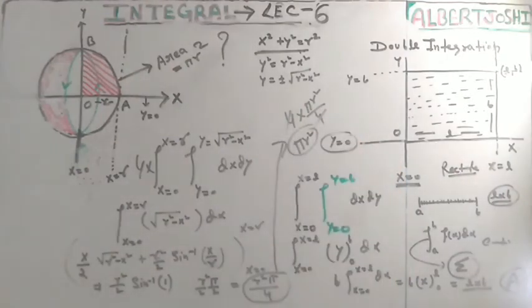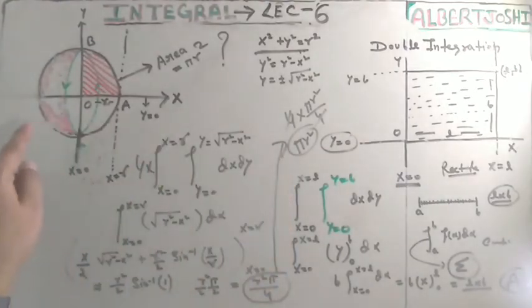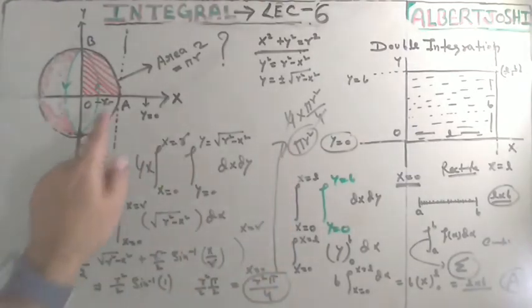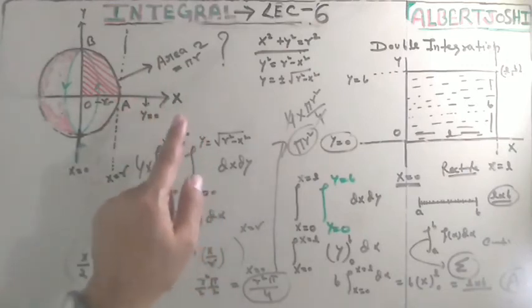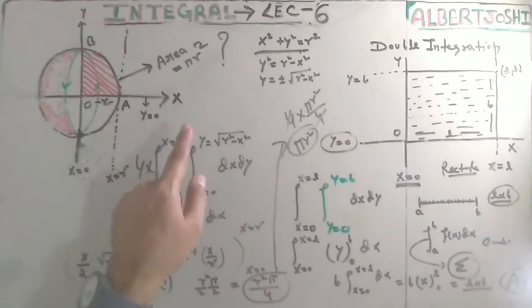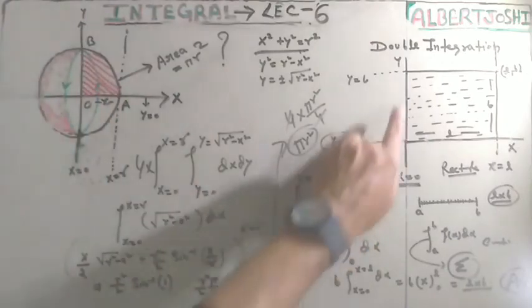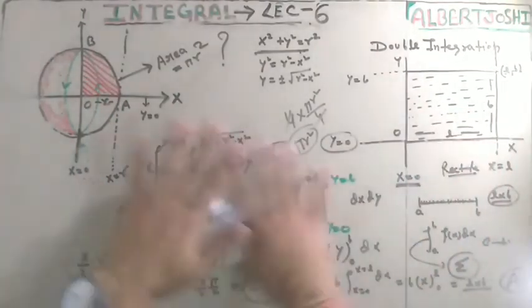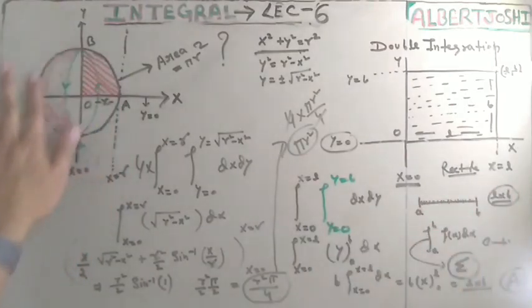So if someone asks how to find the area of any circle, you must note that we have measured the surface, the volume, the area, and the perimeter.